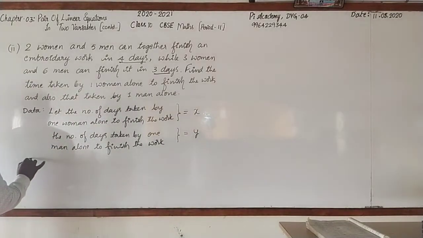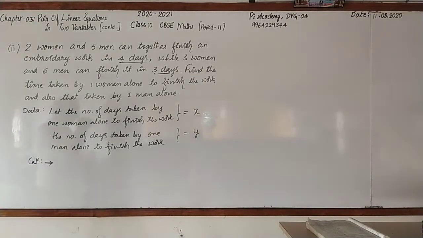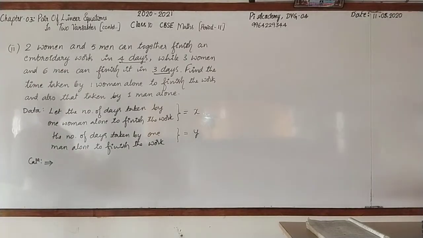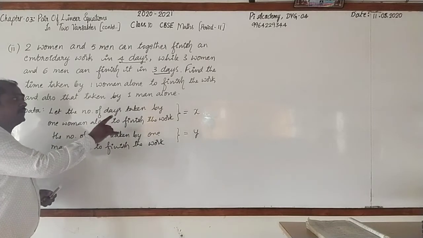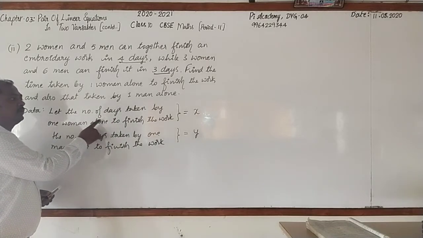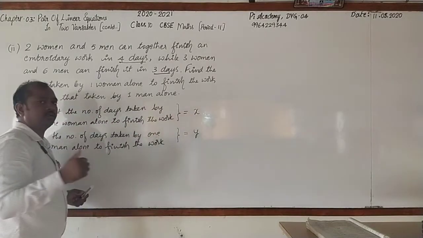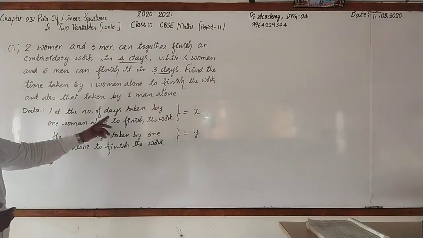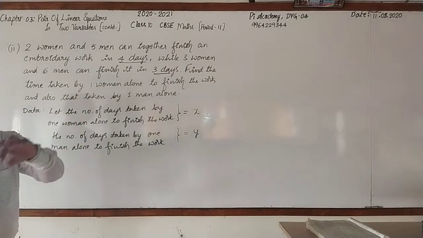Now let's move on to calculation. First, here they are given 2 women and 5 men can together finish an embroidery work in 4 days. Total 4 days. Let us go for considering for 1 day. Total number of days taken by one woman alone to finish the work is X. Then what amount of work is to be done by this one woman in 1 day?